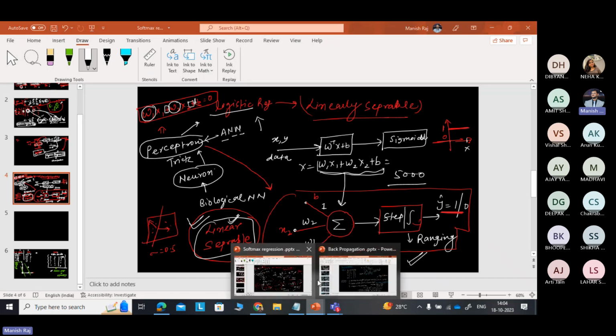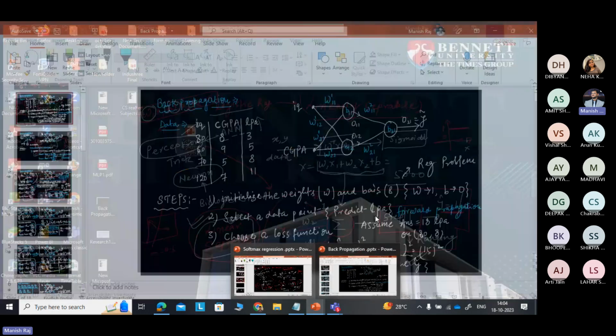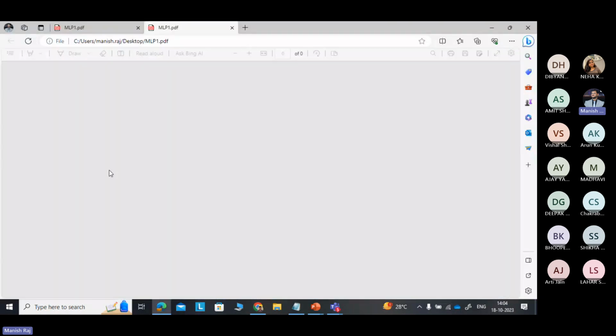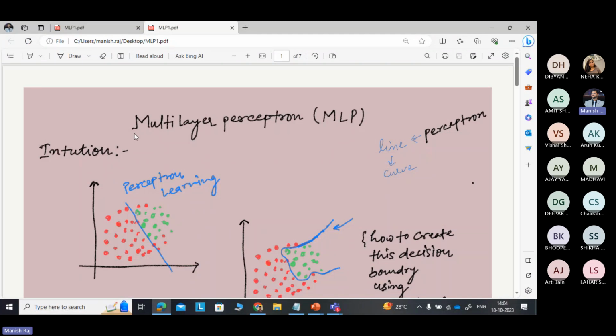Now I am entering the multi-layer perceptron, the MLP. Now I will give you the introduction and intuition of how and why we use multiple layer perceptron. So the first thing is clear, what the perceptron is and why and how we use it.